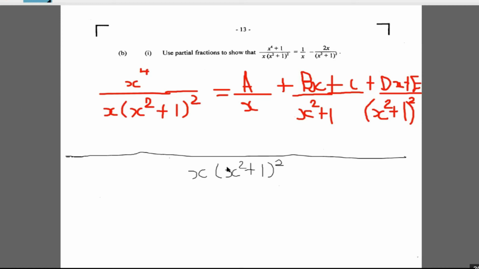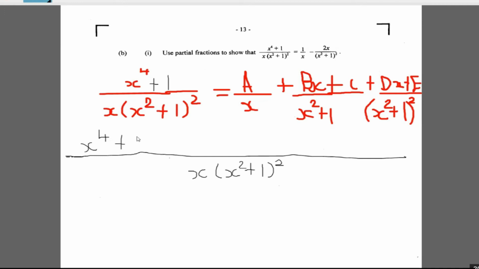Listen to this, all of that into that is going to leave us back with x to the 4 plus 1.